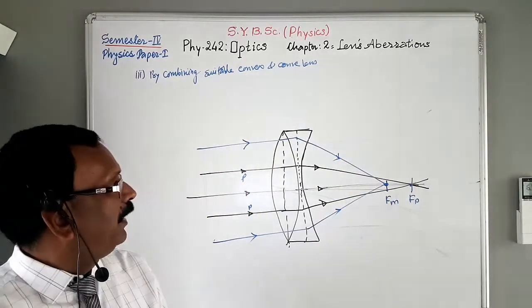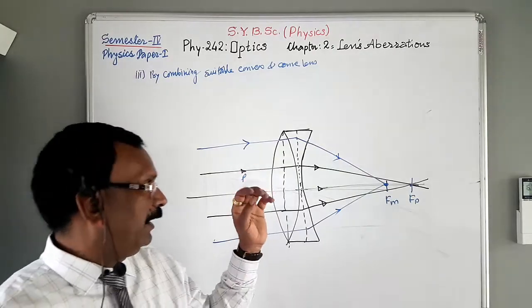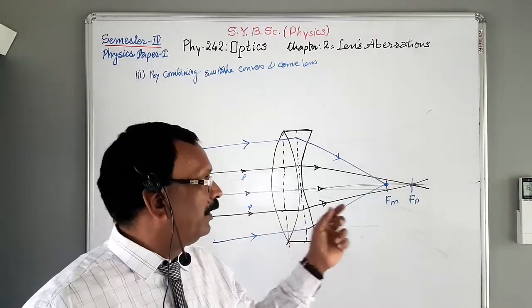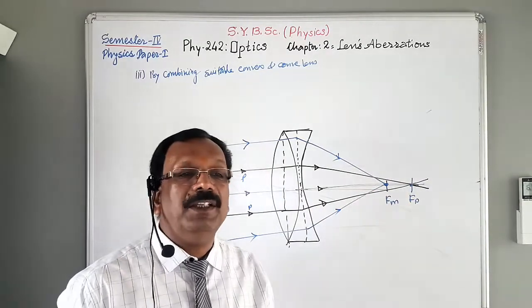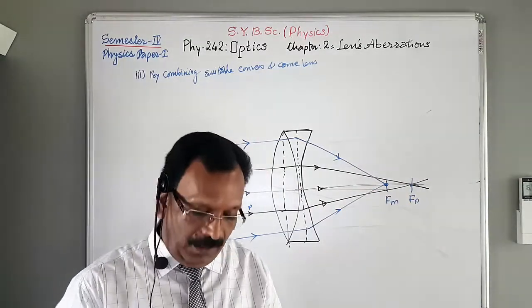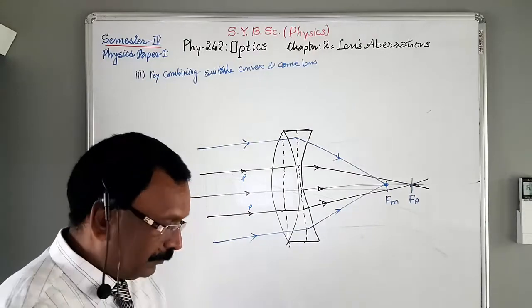That means when we take a combination of two suitable lenses, convex and concave, the spherical or longitudinal aberration can be minimized. The next method.